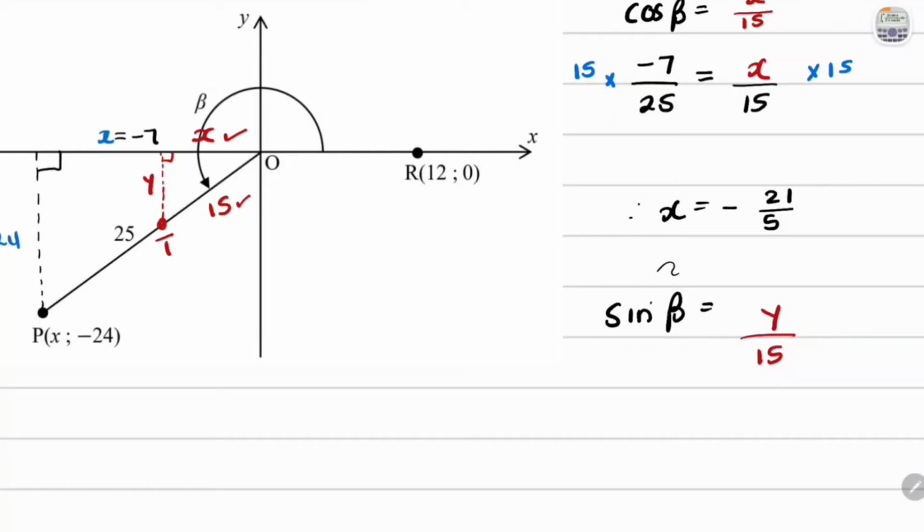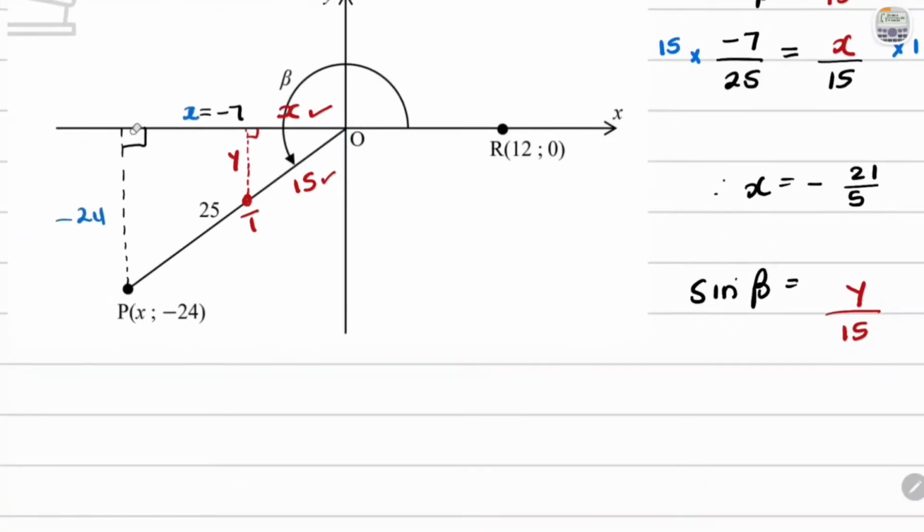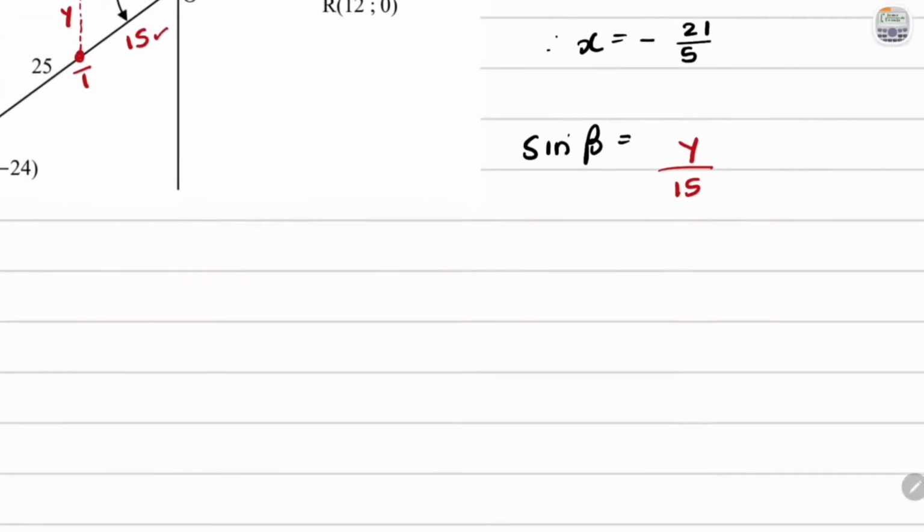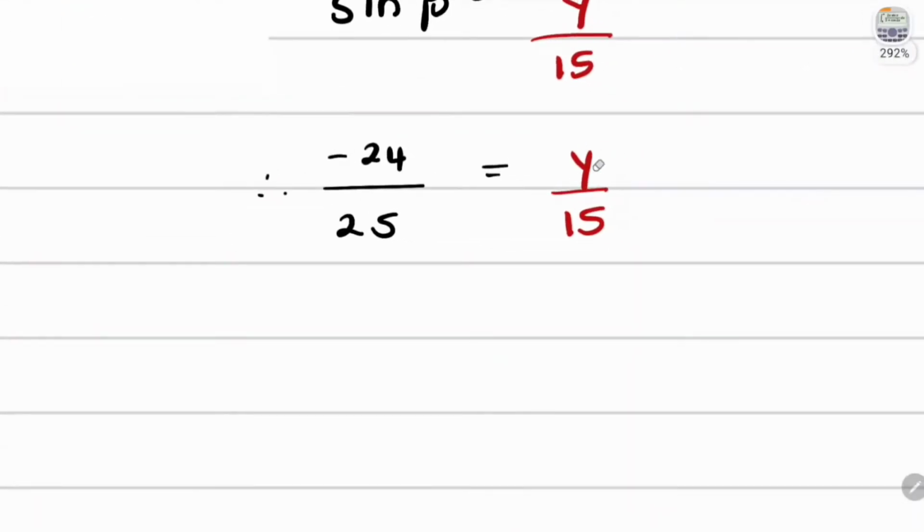But we also know sine of beta in the bigger triangle, because they are using the same reference angle. Sine of beta there was negative 24 over 25, opposite over hypotenuse. So negative 24 over 25 is therefore equal to y over 15. Again, to get y alone, get rid of the denominator of 15.